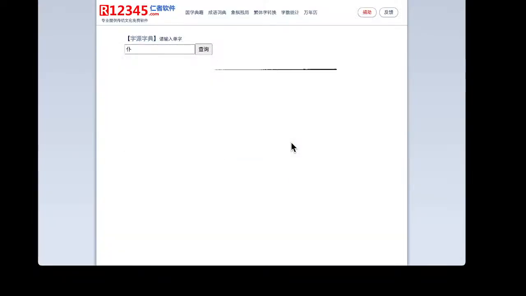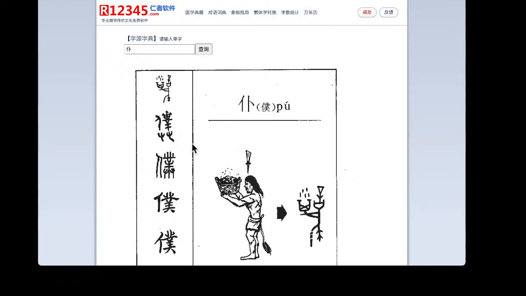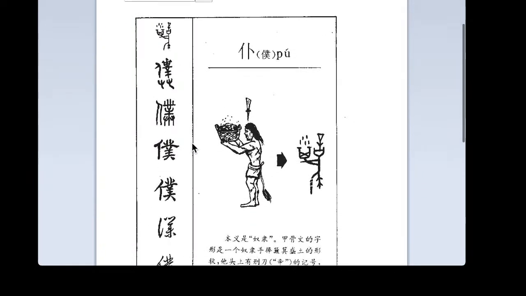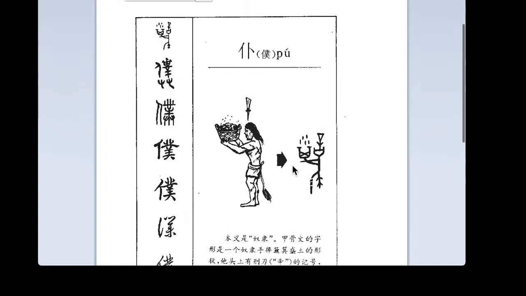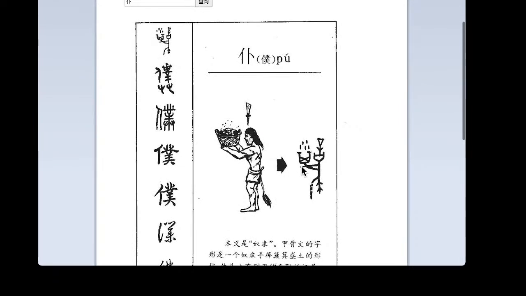Now, if we look at the character, you can see that the older one is very different from the current one. The original meaning of this character, pu, is slave. The oracle bone of this character is very revealing.